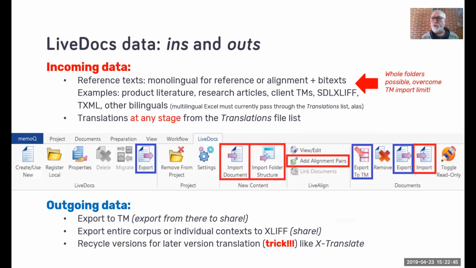I use this feature, for example, a lot if I need to do revision work on somebody's translation. I take the bilingual file that's coming out of WordFast or SDL Trados or whatever.